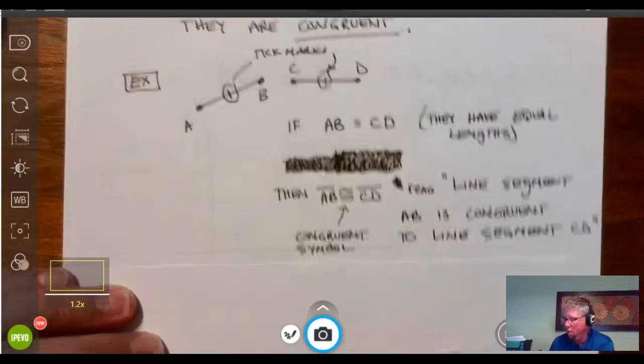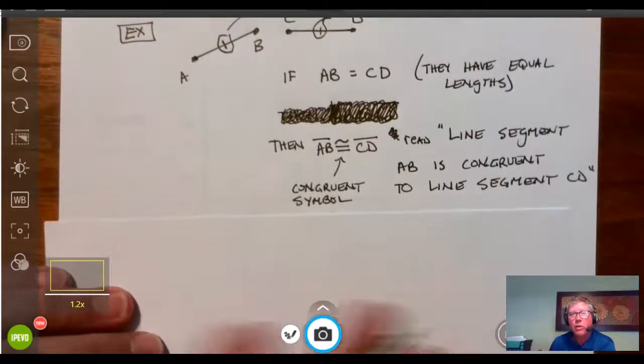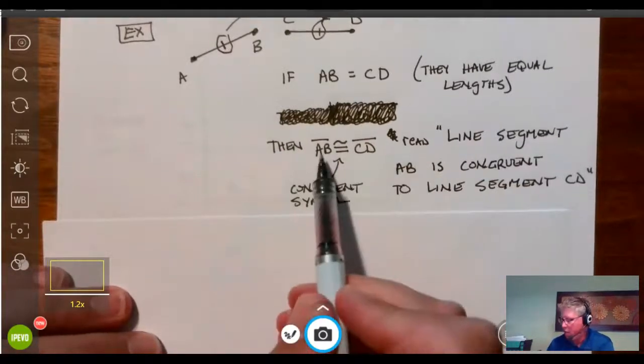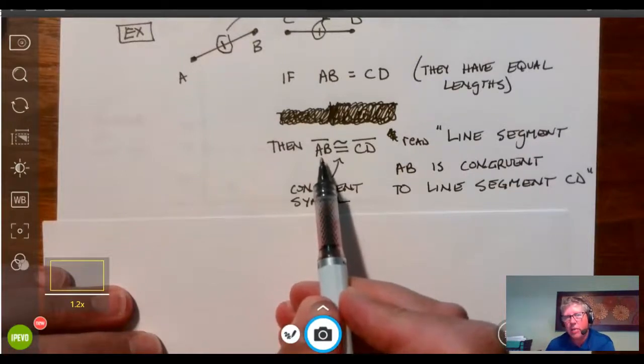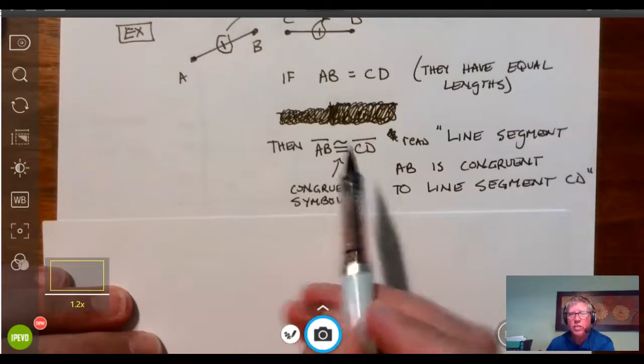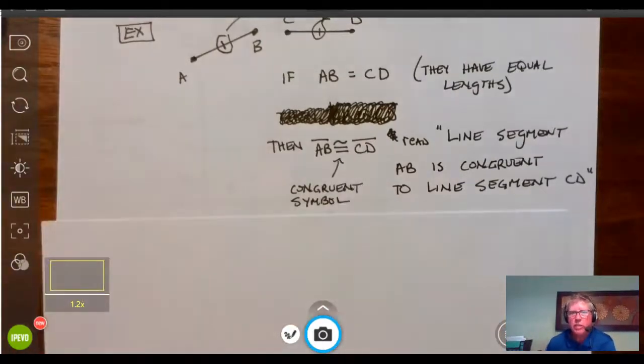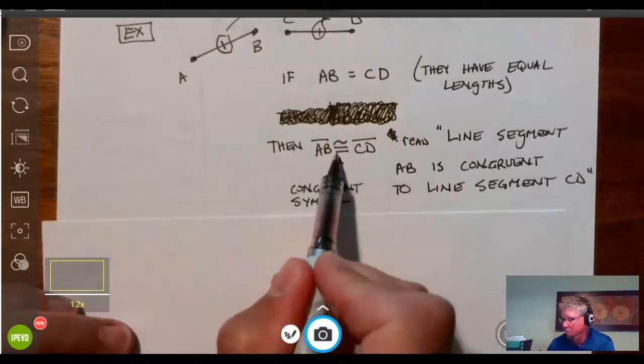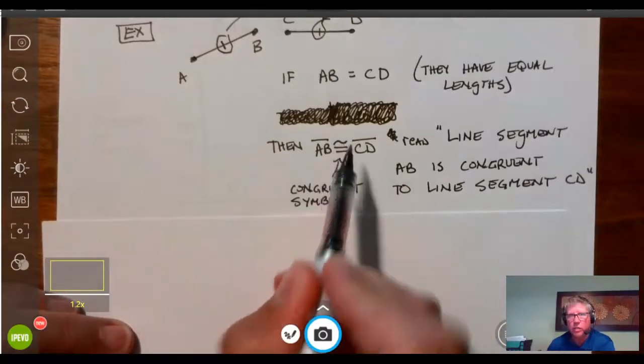Okay. To get real formal, and this is something that we'll run into, but I thought why not just throw it in right now. Here, we're not saying the distance, we're saying the line segment and comparing it to the other line segment. We don't say shapes are equal, we say that they are congruent. So we have a new symbol. It looks like an equal sign with a little squiggly.